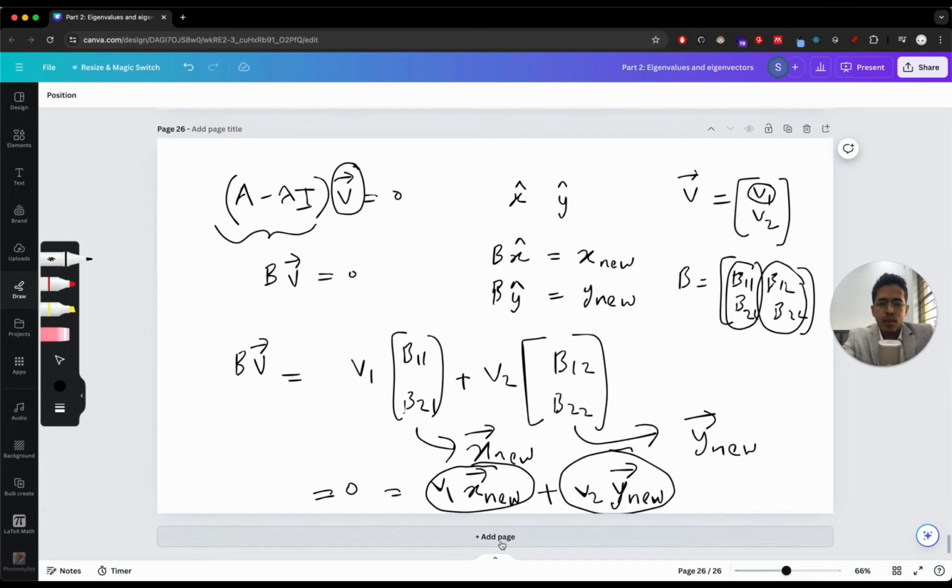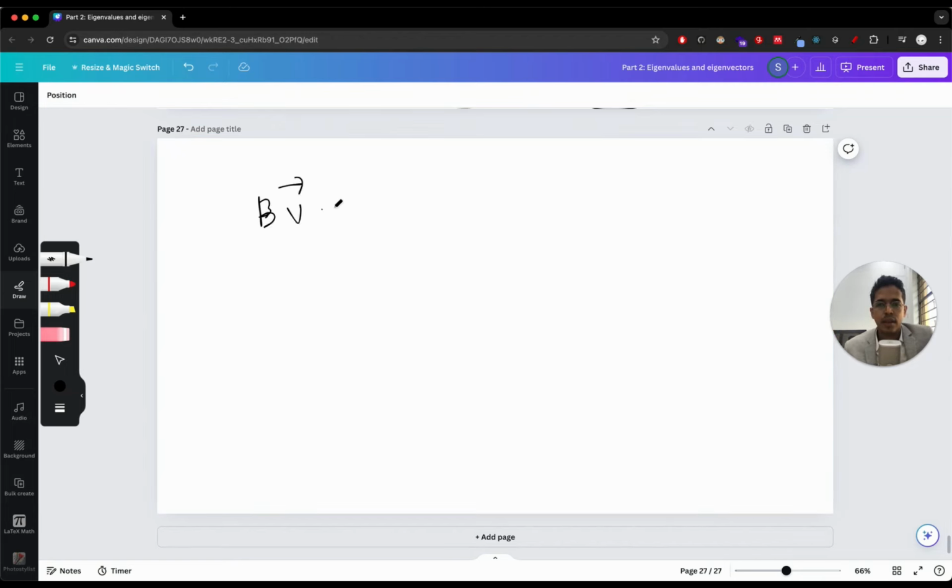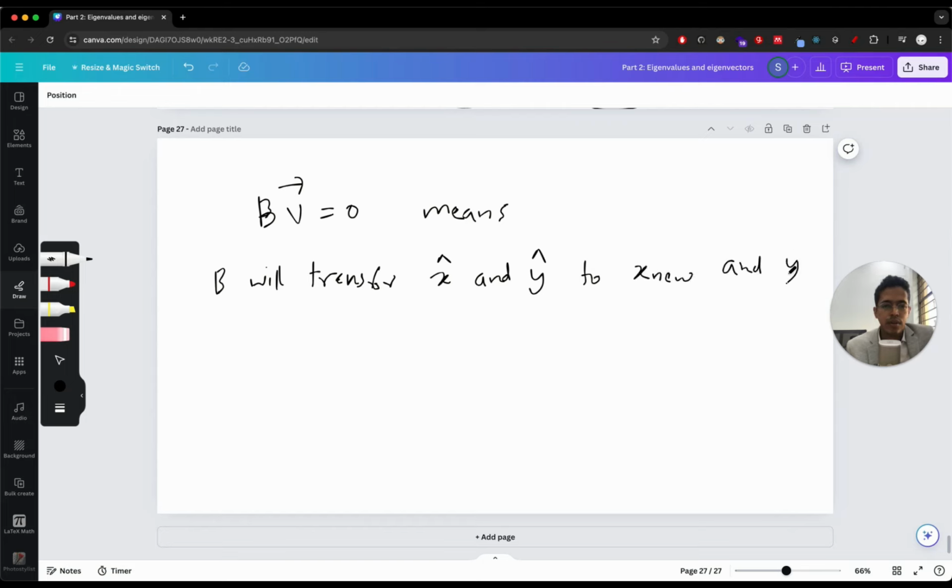So what this means is, BV equal to 0 means B will transform X and Y to X new and Y new such that X new and Y new fall on the same line.